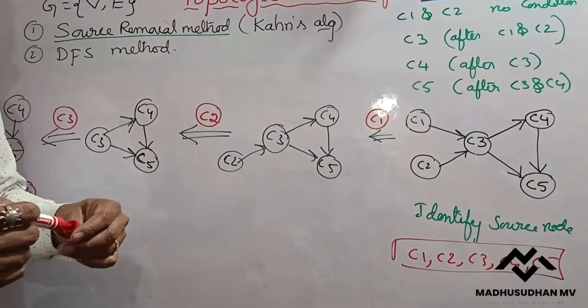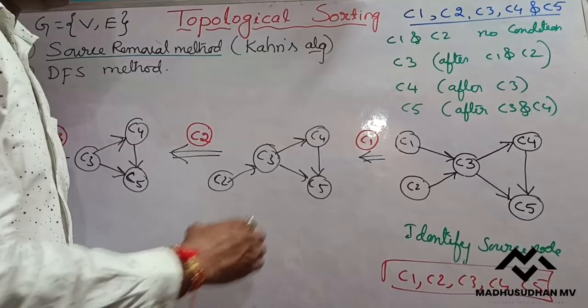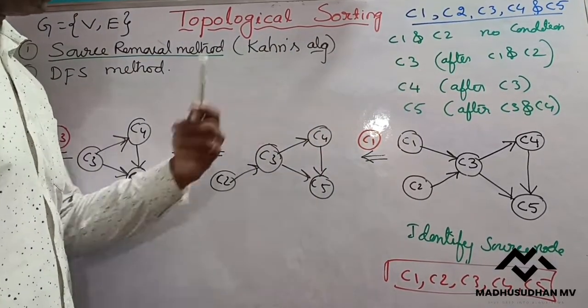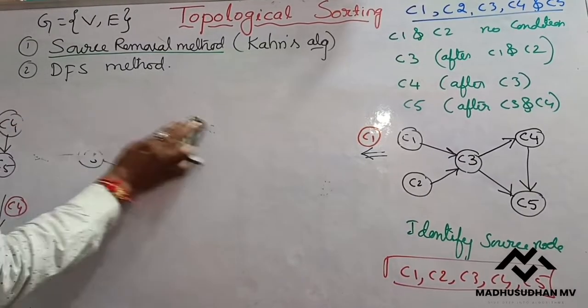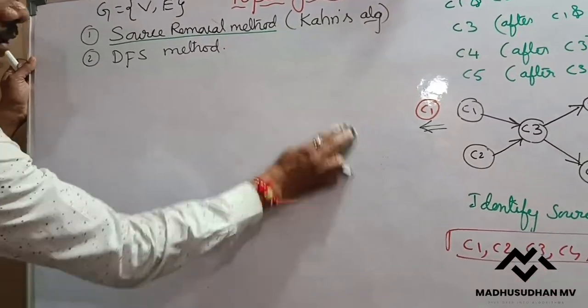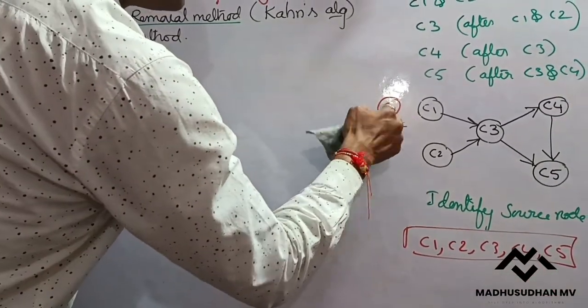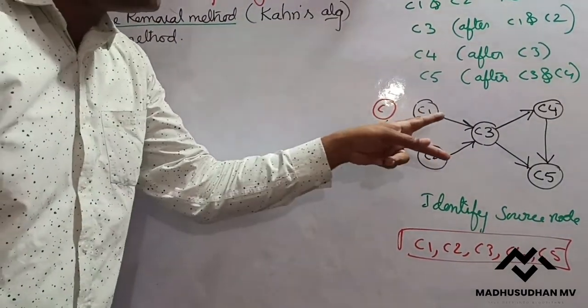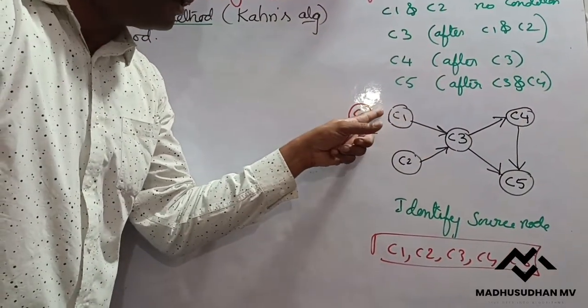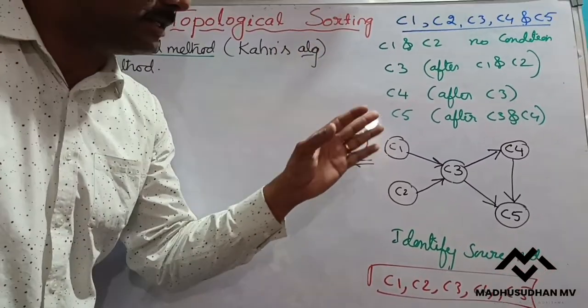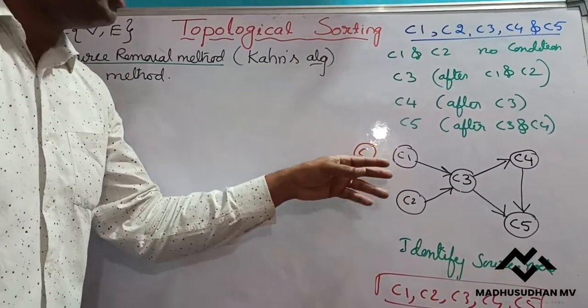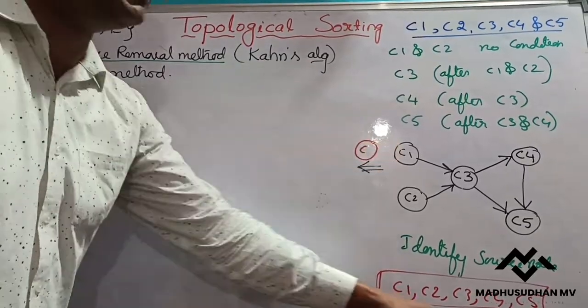Now you can say, instead of starting with C1, I can start with C2. Yes, you can start that way also. For the same graph, both C1 and C2 have 0 in-degree, that means 0 incoming edges. So if somebody starts with C1, this is the order.